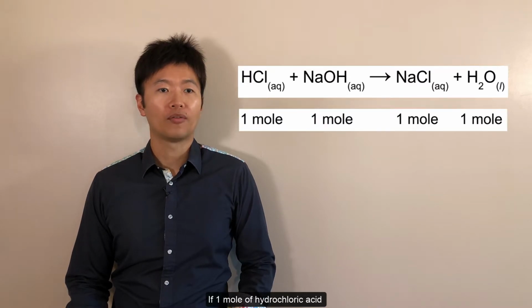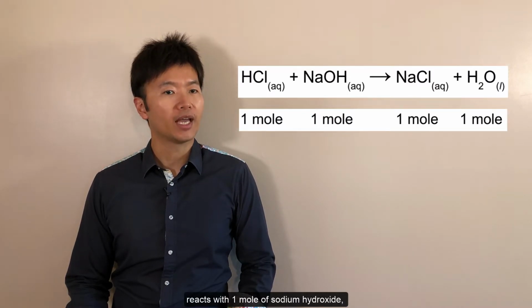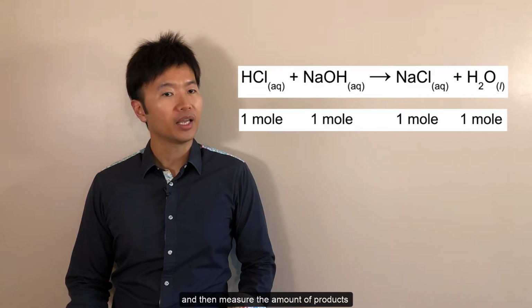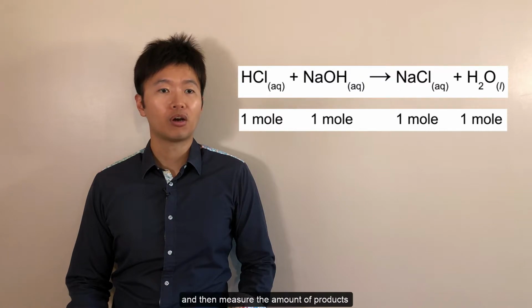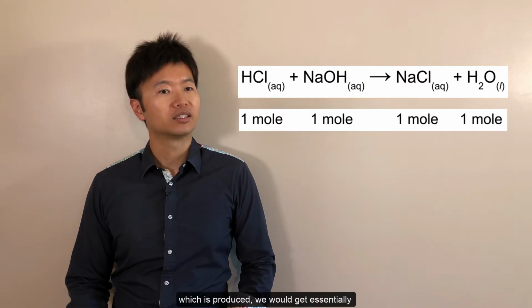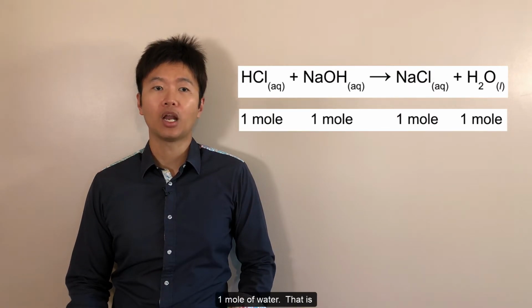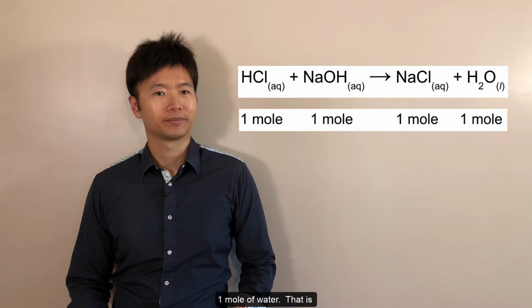If 1 mole of hydrochloric acid reacts with 1 mole of sodium hydroxide, and we then measure the amounts of product which is produced, we would get essentially 1 mole of sodium chloride and 1 mole of water.